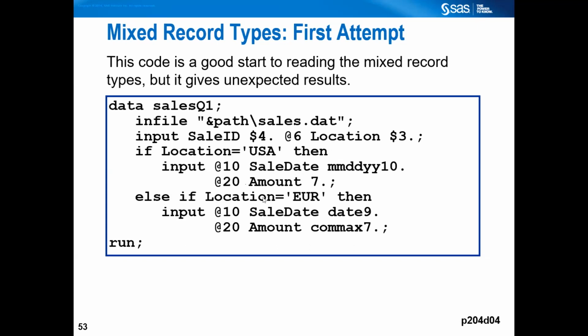Else, if location is Europe, then input should go sale date as date 9 dot, amount as commax 7 dot. Location is a column, where you're creating it. Fine. So at first attempt, you start typing your code, and you may execute this code also. All right, so let's check how it works.